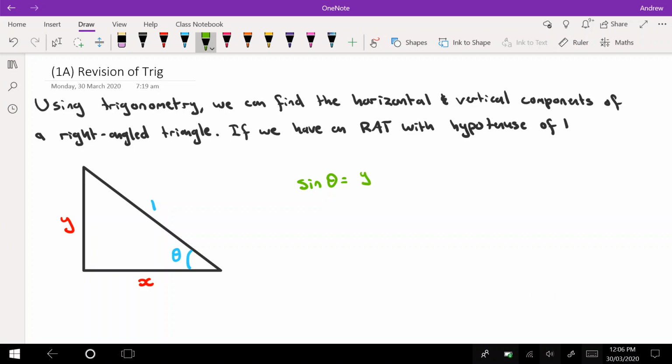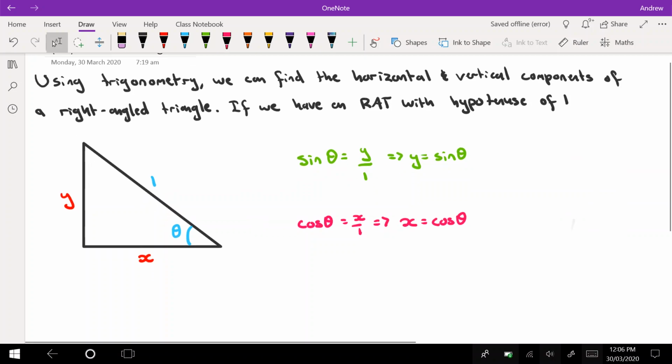So it equals y over 1, so that just means that y equals sine theta. Now talk about x as well, because cos of theta equals x over 1. So I can now say that x is equal to cos theta. That's if I have a right-angled triangle of hypotenuse 1.